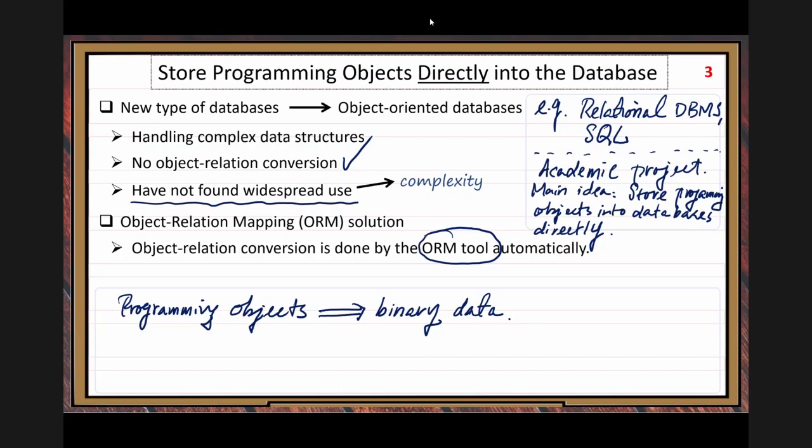It can minimize the errors, and the conversion is very fast. When you run the tool, in just a few seconds you can convert, let's say, hundreds of tables to classes or classes to tables.